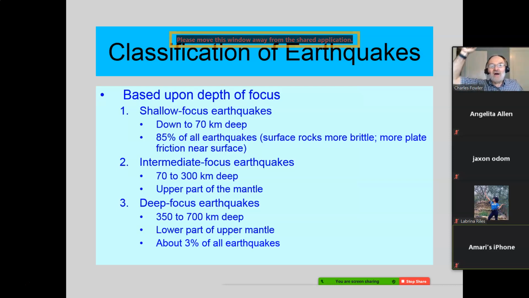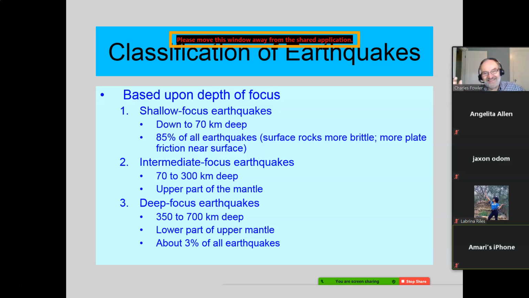One is, how deep is that focus below the epicenter? You classify it three ways. Shallow focus earthquakes: now they're down to about 70 kilometers deep. And by the way, that's about 42 miles deep.